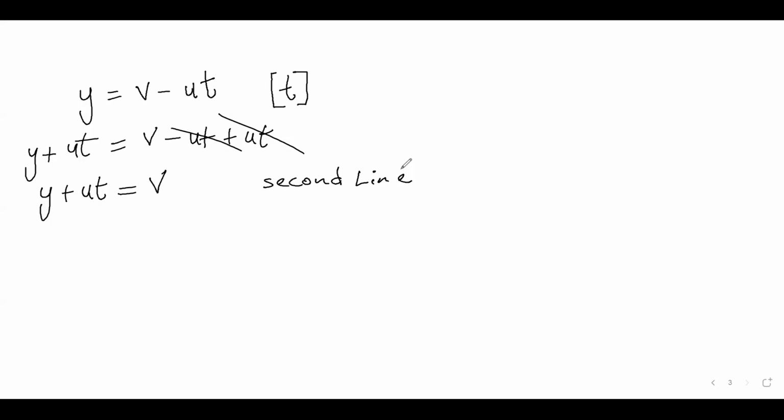So if I write this over again, just let's say I'm doing the question. Send your answers to me. I'm going to write the question again. So it was Y equals V minus UT.